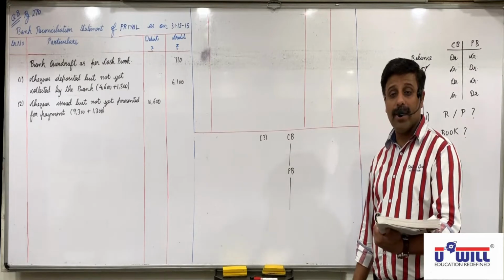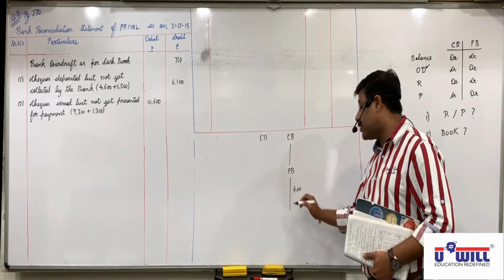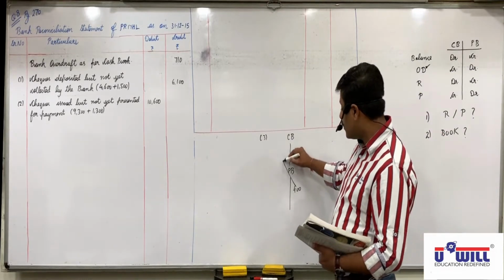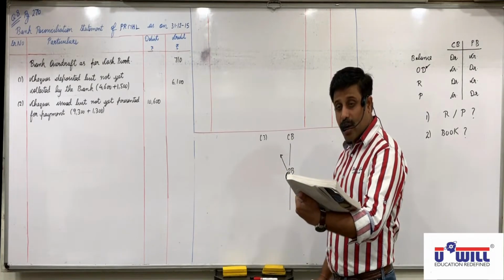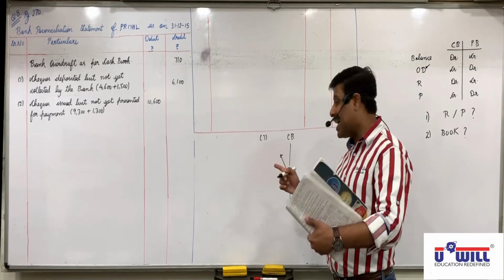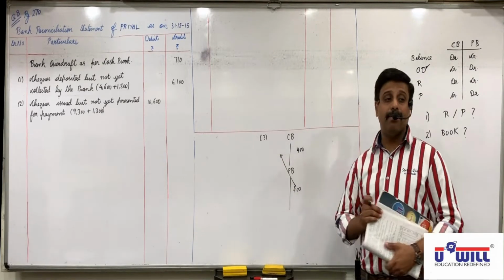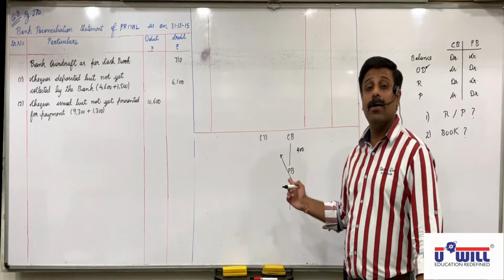Interest of 400 credited by bank in passbook means in passbook it is there on which side? Credit side. Where should it come in cash book? Debit side, but there is a mistake. It is recorded on payment side in cash book means where is it recorded in cash book? Credit side. Mistake is done. Instead of debiting that amount, we have recorded on credit side.